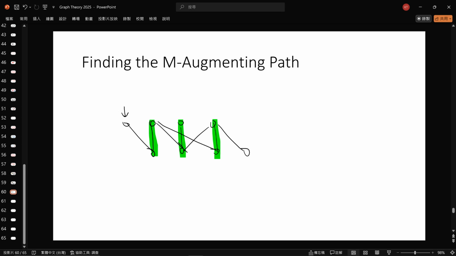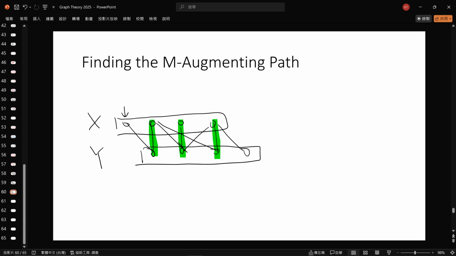In general, the first step is to find all the unsaturated vertices from some part. Say this is X and this is Y. So the first step to find an M augmenting path is to identify all the unsaturated vertices from X. Let's call this set U, where U stands for unsaturated.